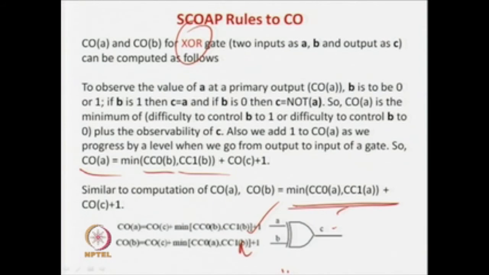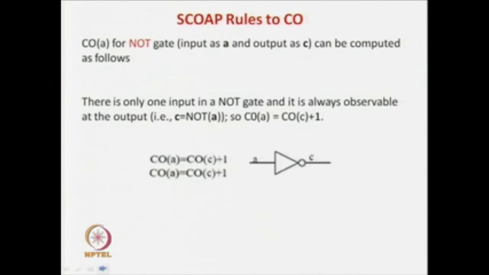Why? Because if you want to propagate B, if A is easier to control, make A equal to 0. If 1 is easier to get at A, make CC1 of A. So, this is the case, and 1 for the level jump, and it is observable via C. So, make this one as this one. There is a slight mistake. So, this one will also be A, correct. This is how we go for the computation for an XOR gate.